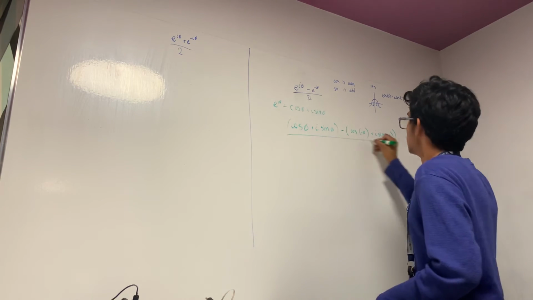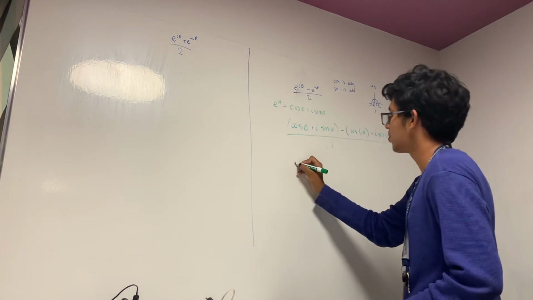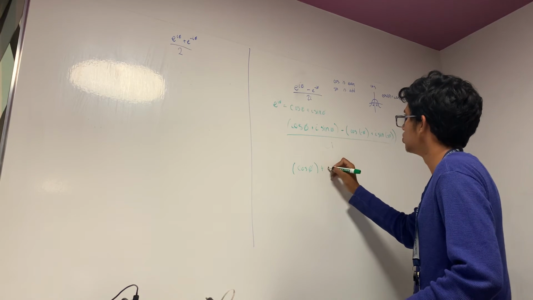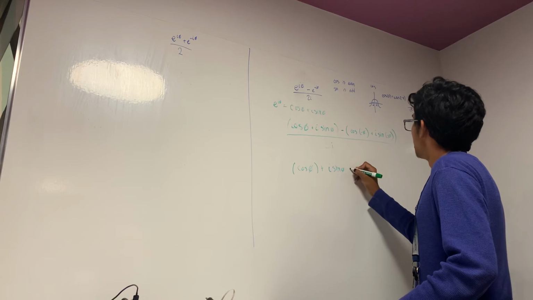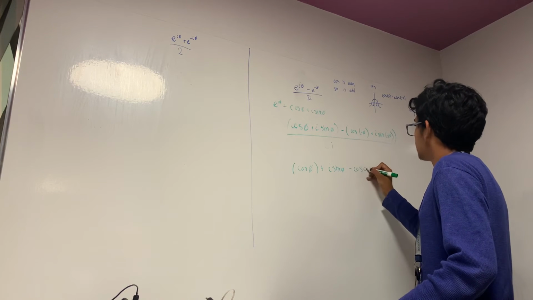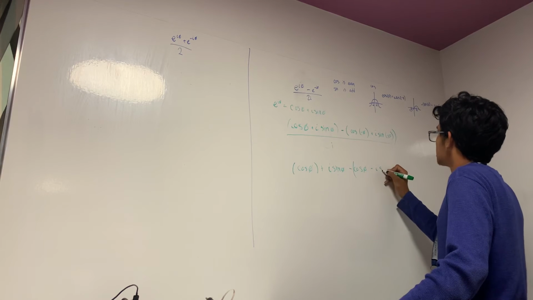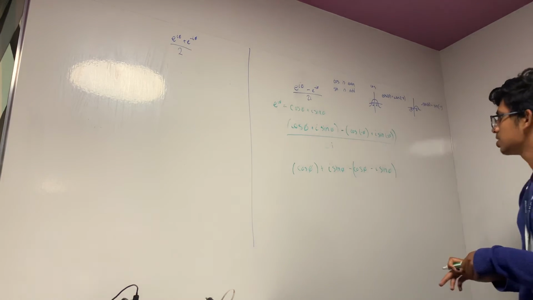So, using these rules that we now know, cosine of theta minus cosine of theta, minus i sine of theta, because sine of negative theta is equal to negative sine theta.